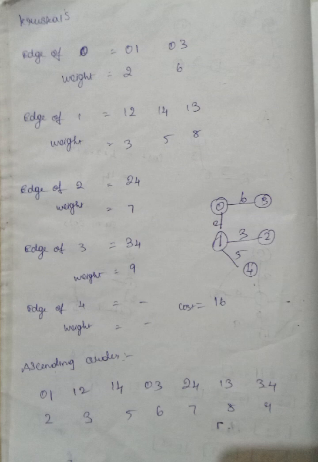Now we draw the minimum spanning tree for the given graph using the Kruskal algorithm. First of all, we use the ascending order sorted list. First one is 0, 1, where the weight is 2.